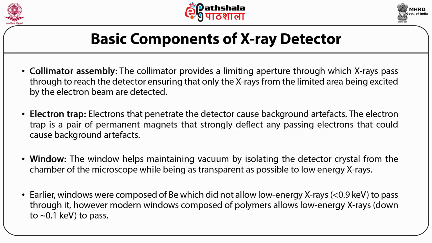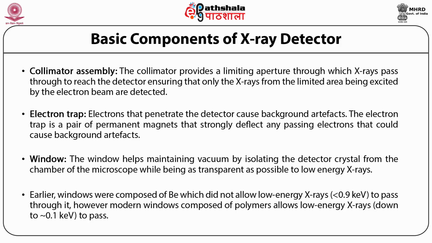Earlier, windows were composed of beryllium, which did not allow low energy X-rays, that is less than 0.9 kiloelectron volt, to pass through it.